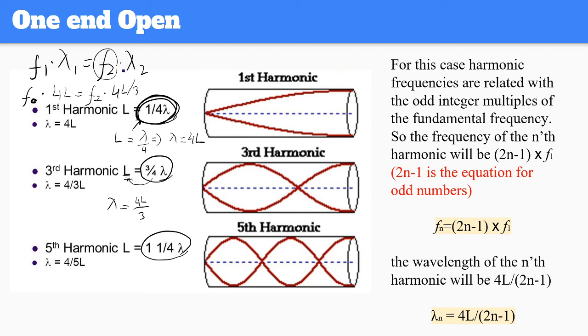If you want to rewrite this entire equation a little bit better, f0 times 4L is equal to f2 times 4L divided by 3. In this case, 4L's will cancel out, and this 3 is going to go up here. So my f2 will become 3f0, not 2f0.